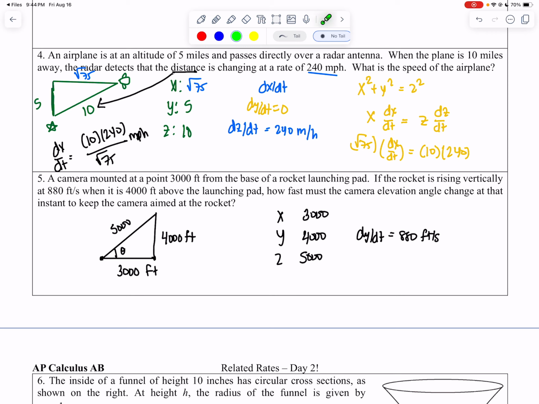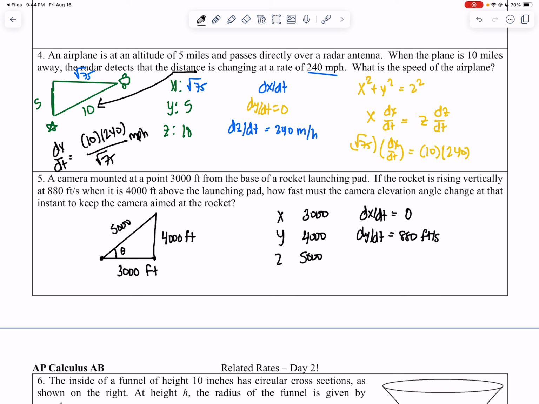The only thing that's changing whenever we're talking about our elevation is going to be my hypotenuse and my height here. So dz dt is going to change and dy dt is going to change, meaning that dx dt is going to be 0.